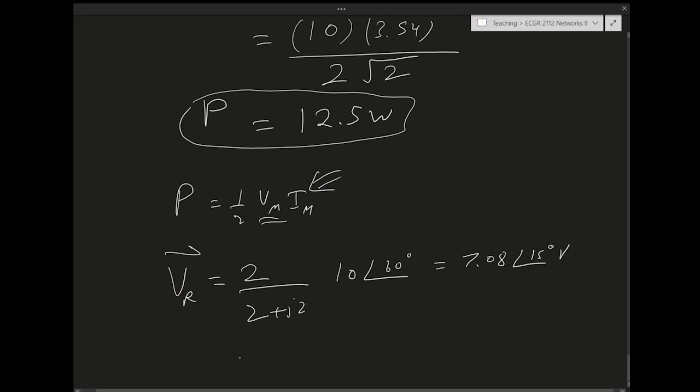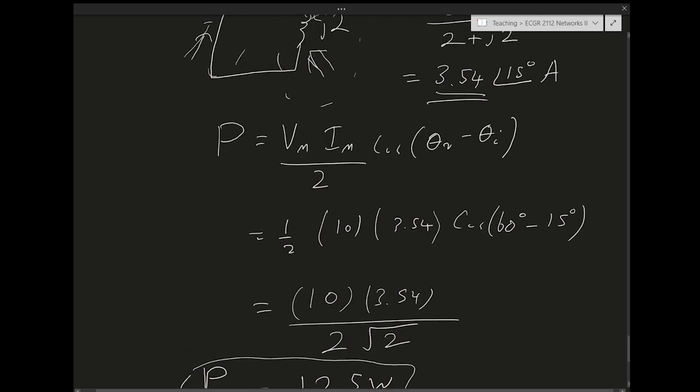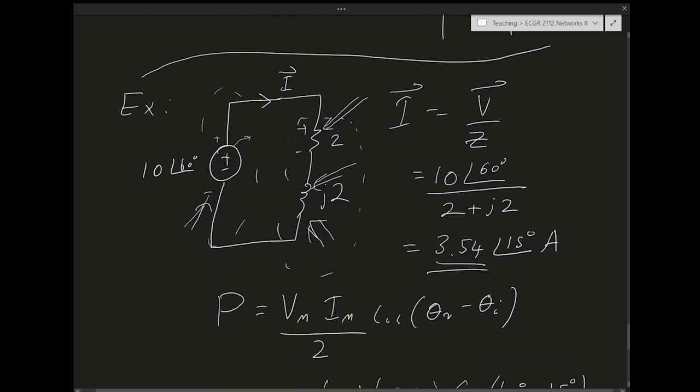Now P equals half, because this is a resistor, there's no cosine. The angle is the difference between the voltage and the current, which for a resistor is 0, so it's cosine 0. It's just half Vm Im. The voltage across the resistor is 7.08, and the current through the resistor is 3.54, which we calculated previously.